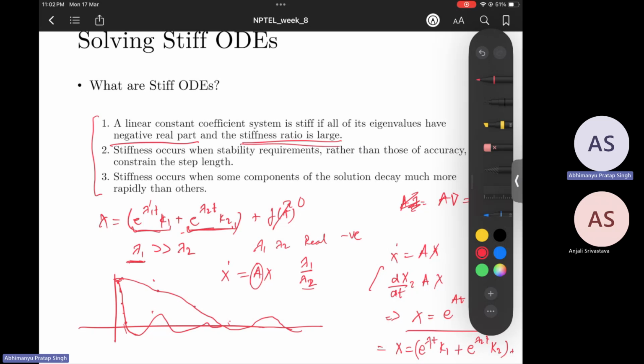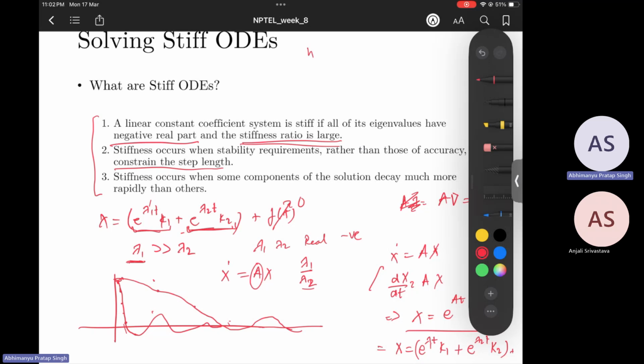Okay. The second condition is that stiffness occurs when the stability requirements rather than those of accuracy constrain the step length. So we saw in the previous lecture that for Euler's method we needed the h value to be smaller, right?